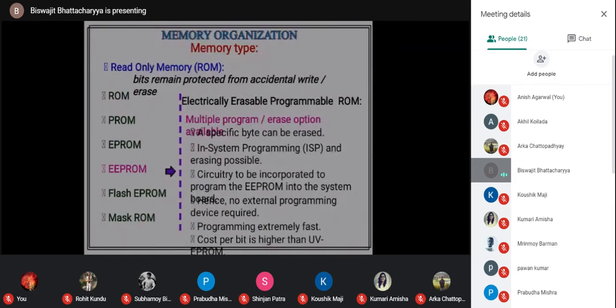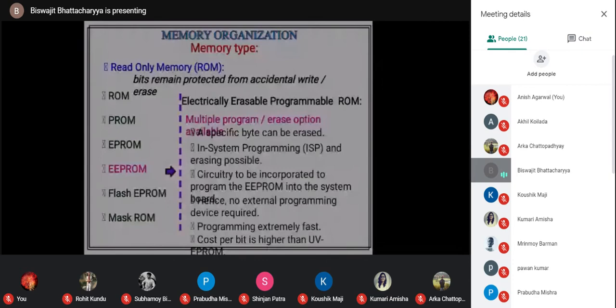Another advantage is in-system programming, ISP, meaning the memory chip need not be taken out of the application board. It remains connected while the reprogramming goes on. That is a great advantage, and no external programming device is required.